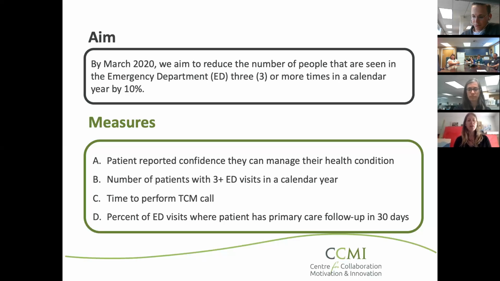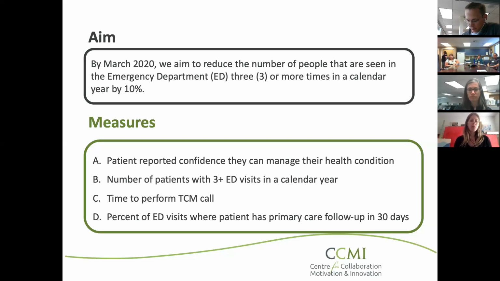And that's been found in evidence to be correlated with reductions in repeat ED admissions. So that could be a balancing measure, it could be a process measure. And it's nice when the two overlap.